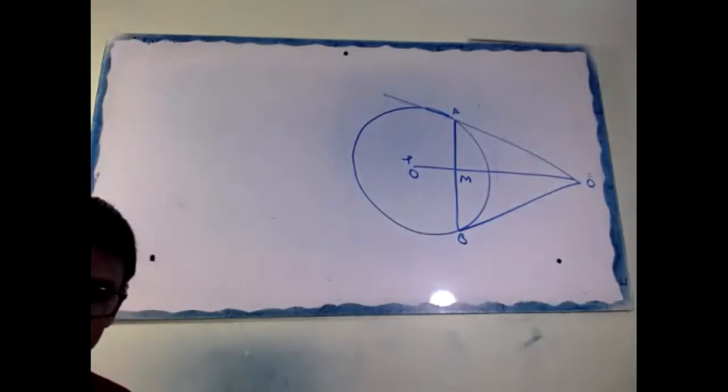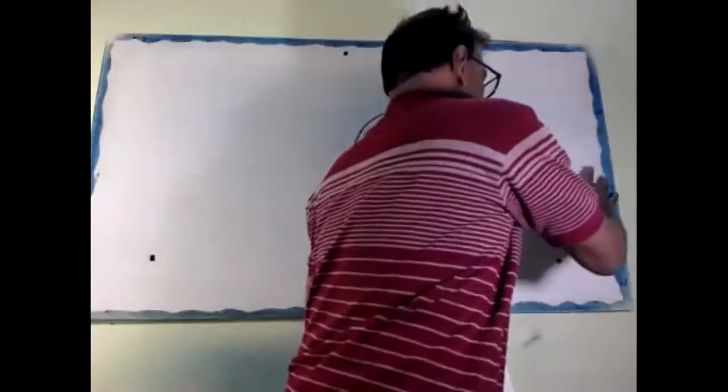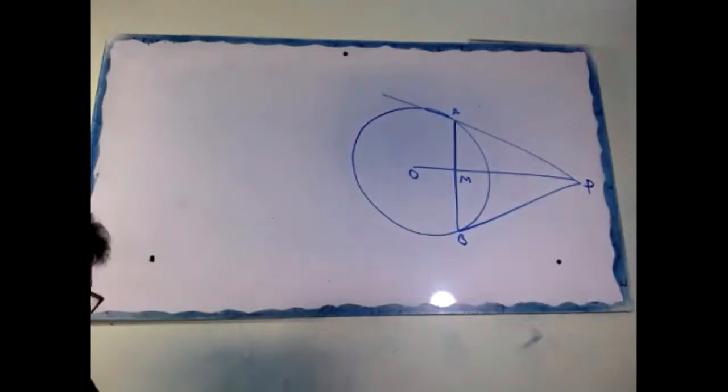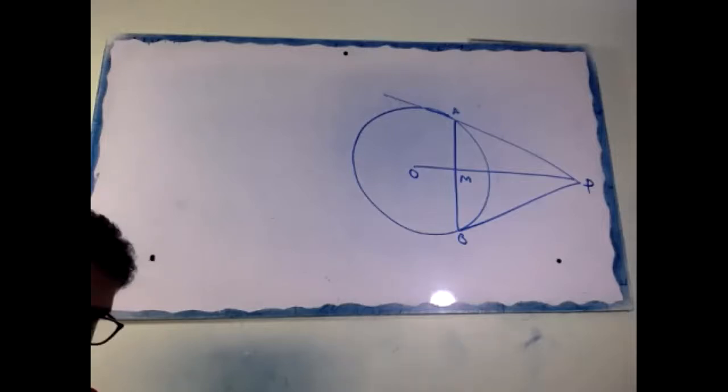Question again. From an external point P, here, not O, P, two tangents PA and PB are drawn to a circle with center O. Prove that OP is the perpendicular bisector of AB.